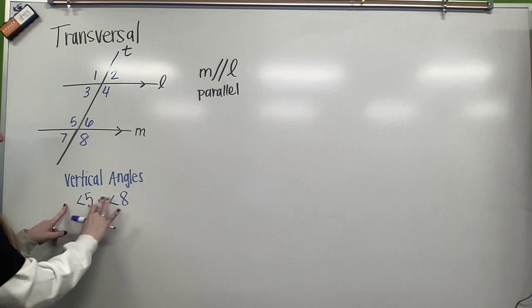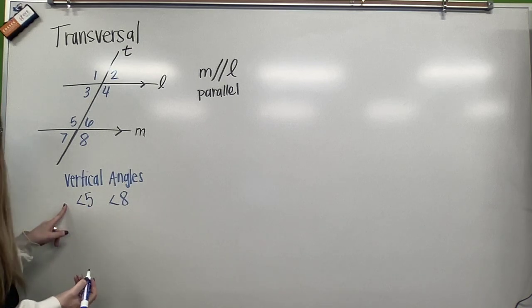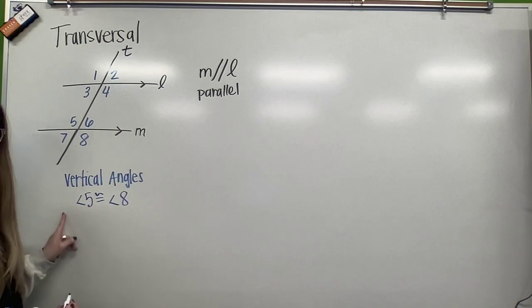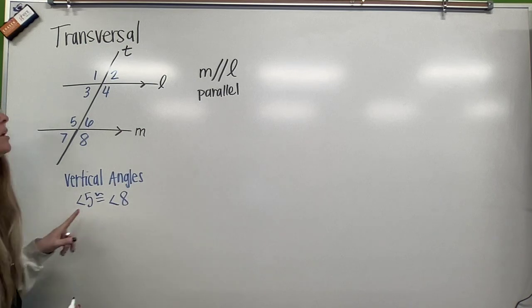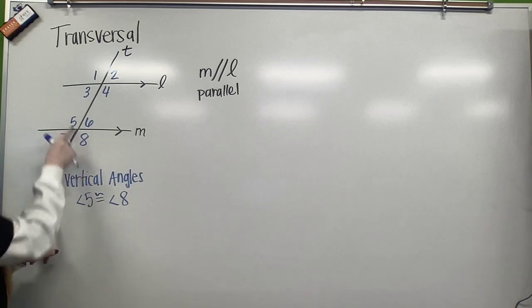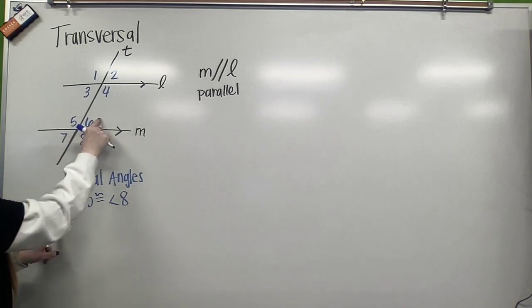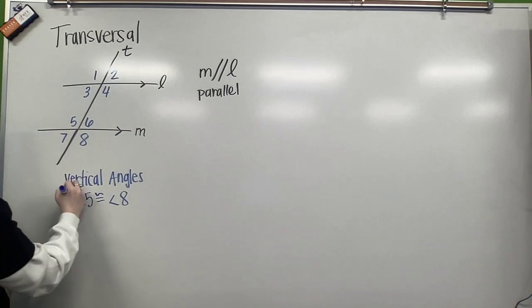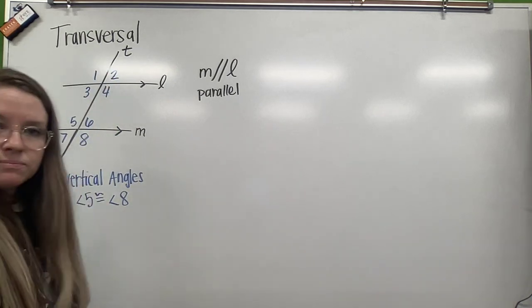So what that means is angle 5 and angle 8 are congruent, meaning they have the same angle measure. We could list all of them, might take us a minute, but we have 5 and 8, 7 and 6, 3 and 2, 1 and 4. So this is just an example of our vertical angles.